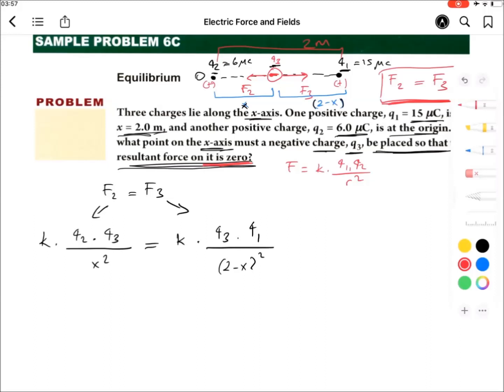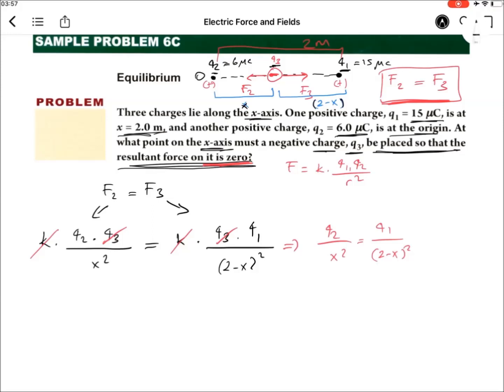On both sides of the equation, K and K cancel each other, Q3 and Q3 cancel each other, so as a result we have Q2 over x squared, which is equal to Q1 over (2 minus x) squared.